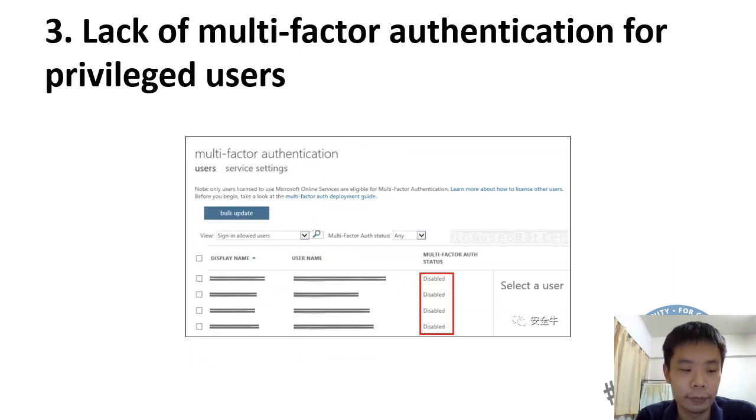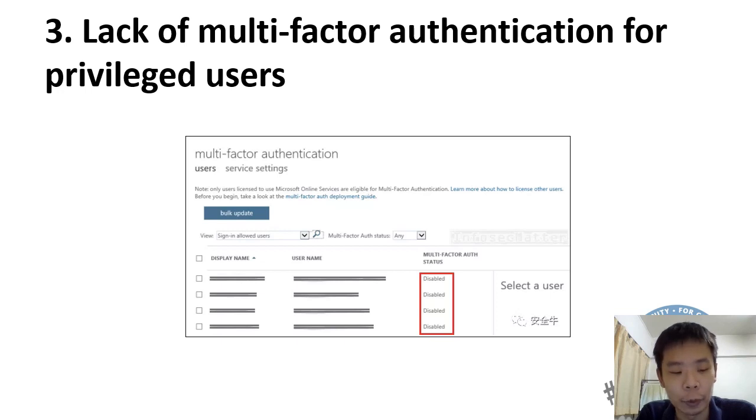Third one, lack of multi-factor authentication for privileged users. Any user with management or write access to any Azure resources should require multi-factor authentication, including the following roles: administrator, service core admin, subscription owner, contributor.